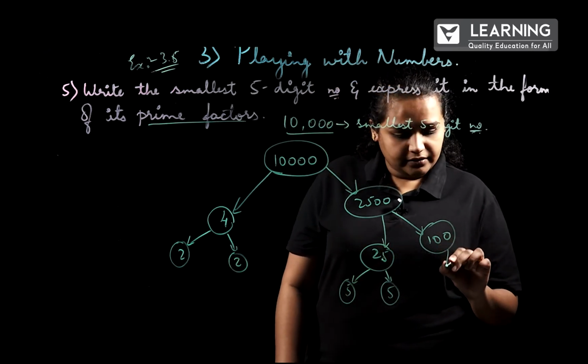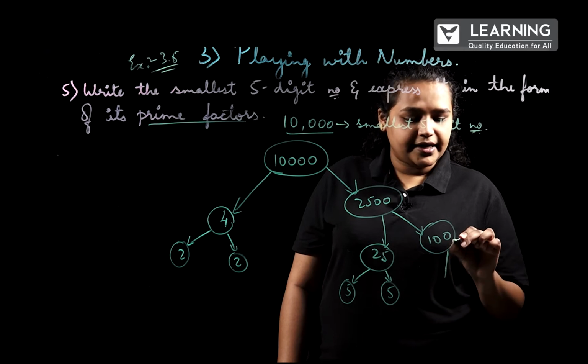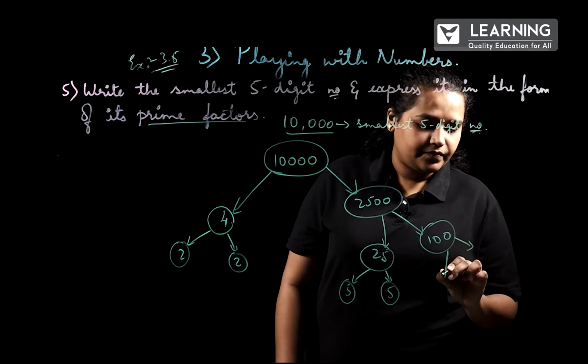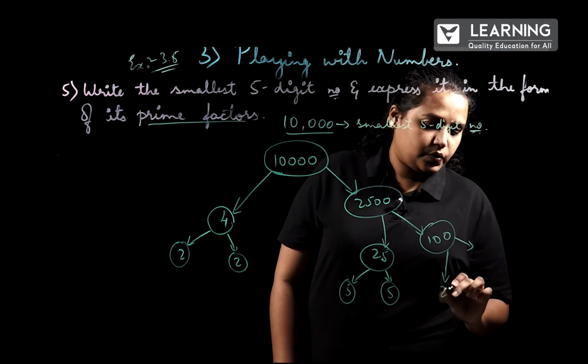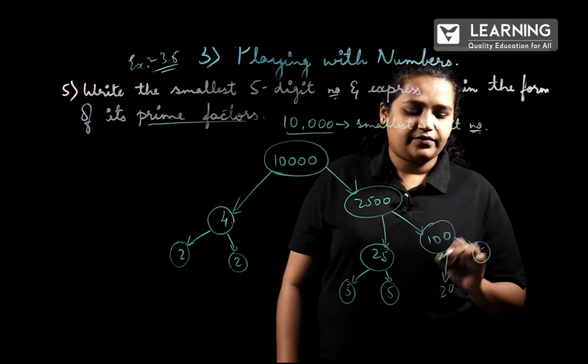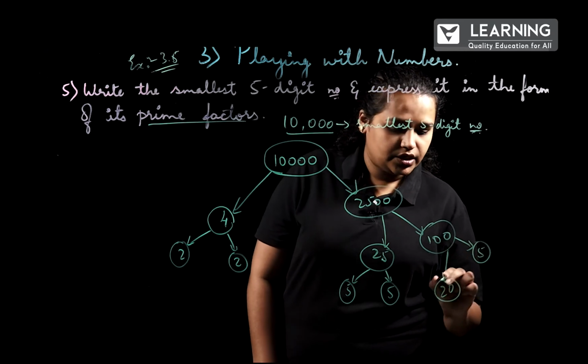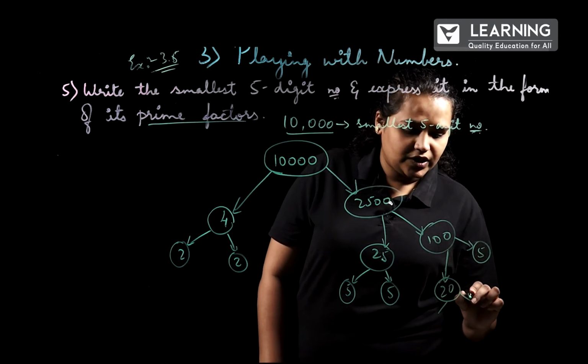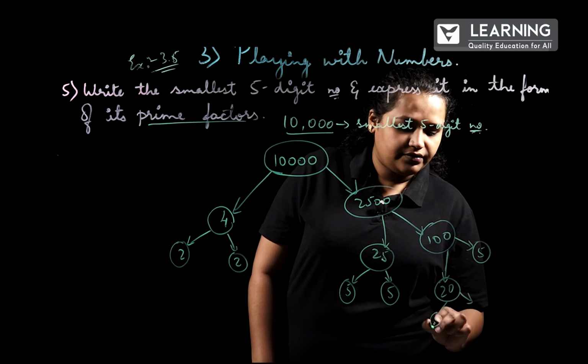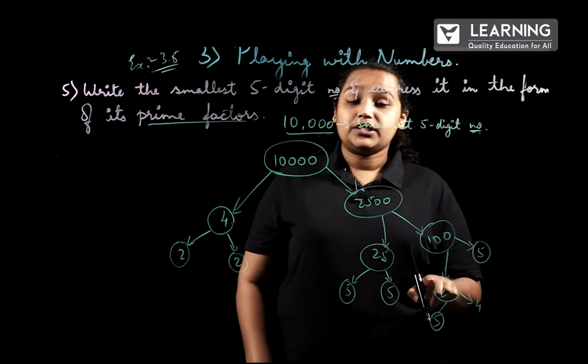So now again here this 100 will be written as 20 into 5. 5 20s are 100, correct? So this 20 again will split it as 5 4s are 20.